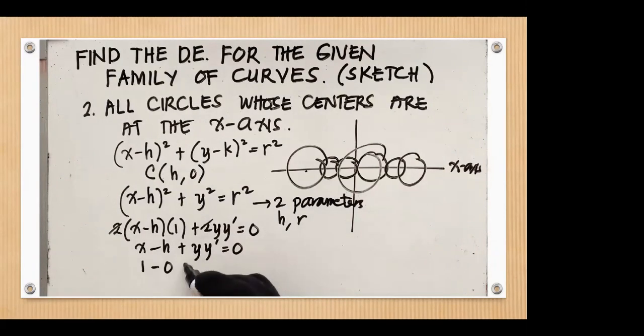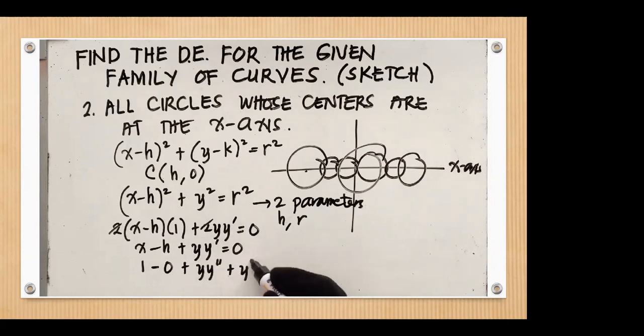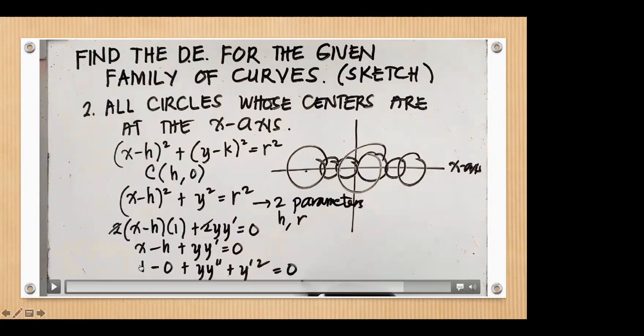So derivative ng x is 1, derivative ng h is 0. And for y prime, product rule ulit tayo, udv plus vdu. So y times y double prime plus y prime times y prime. So magiging y prime squared. So as you notice, by just differentiating, tanggal na natin yung arbitrary constant. So wala na.